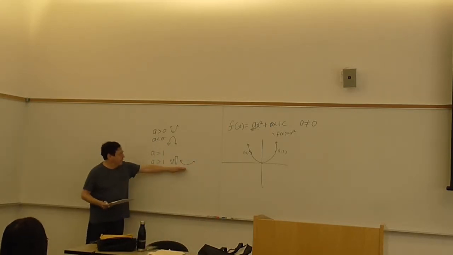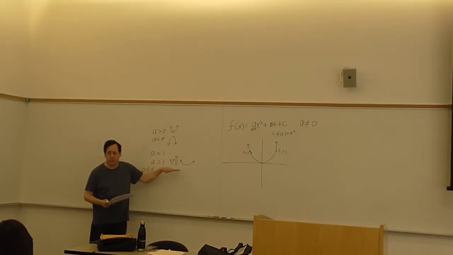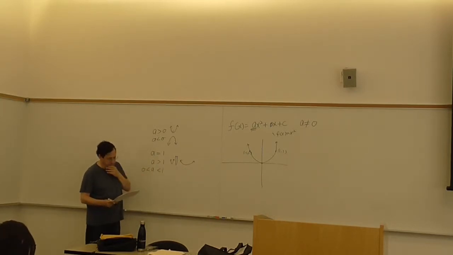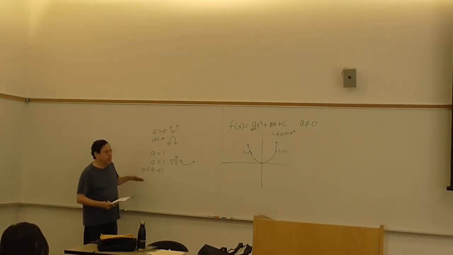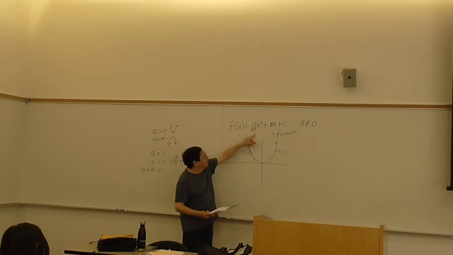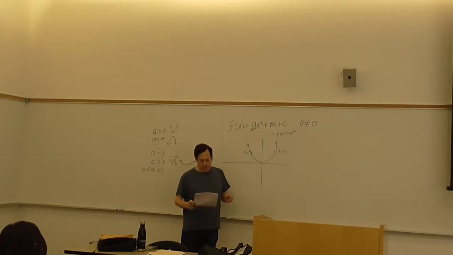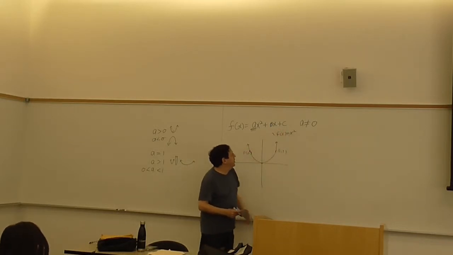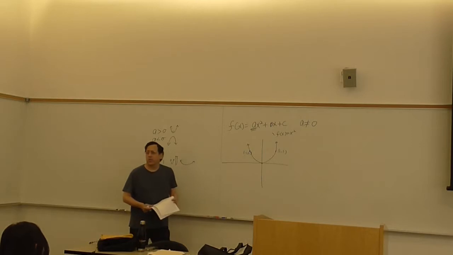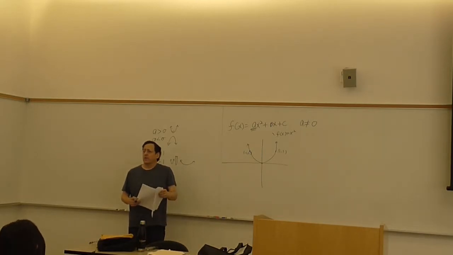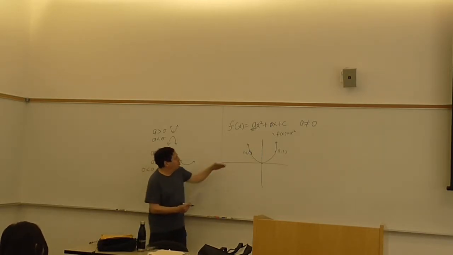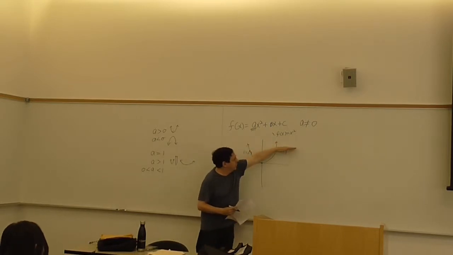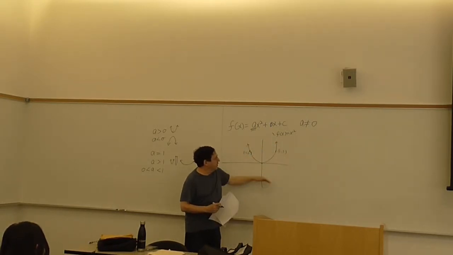We're going to talk about how to graph these different shapes in a second. But for now, we just want to have a feel for it: just by looking at a, we can already tell a lot about the parabola. The other two values, b and c, are only going to affect one thing. They're going to affect where the parabola is on the coordinate plane.